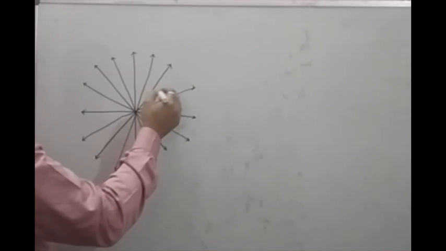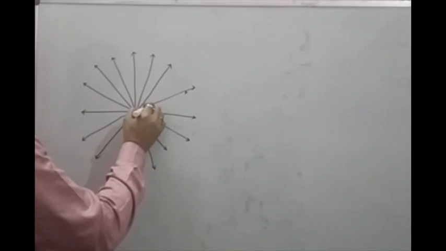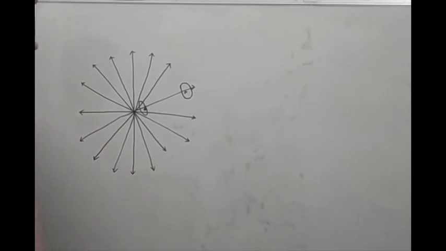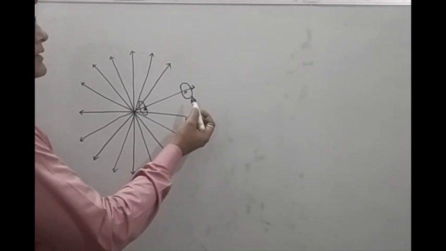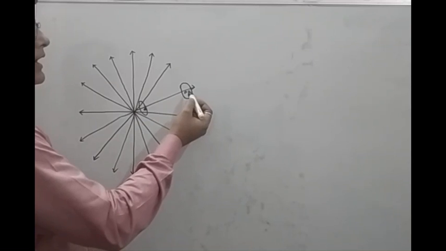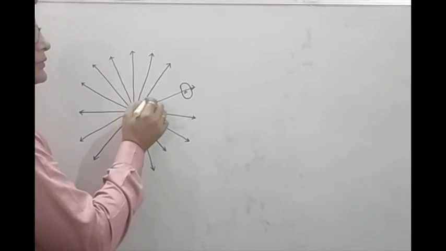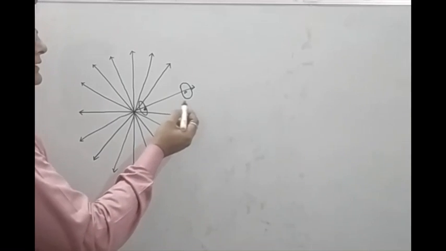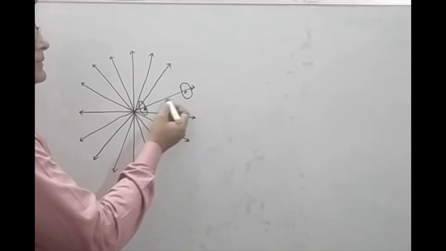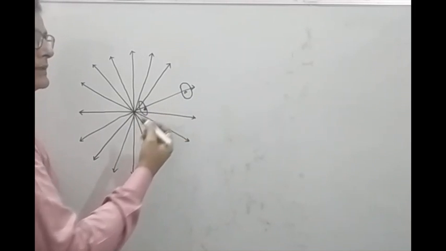Now suppose 2 points P and Q. Consider circular area of same size at point P and point Q. You can see that the number of electric field lines passing through the area is different at different points.